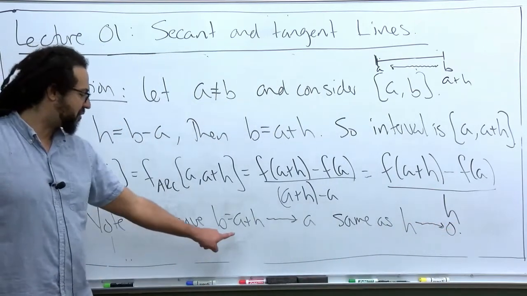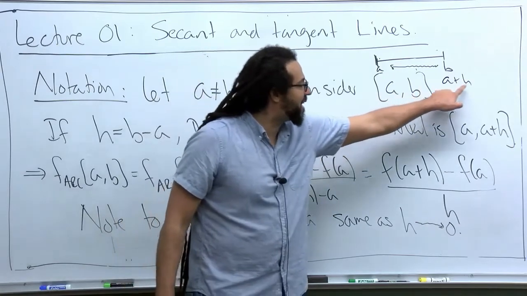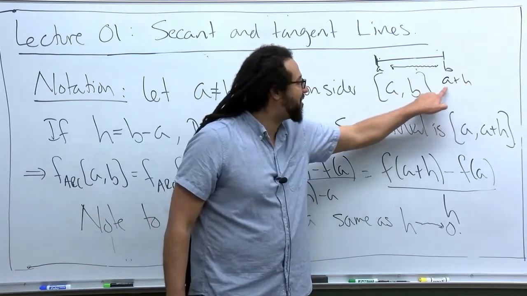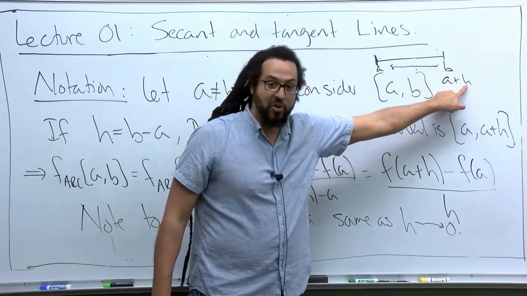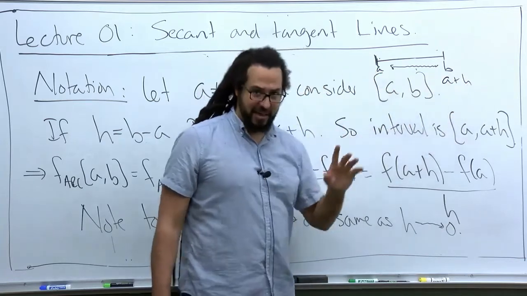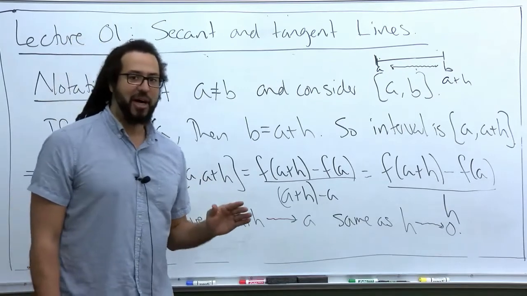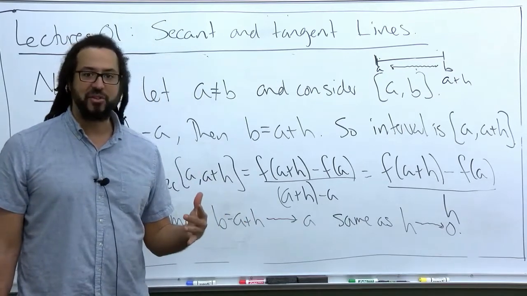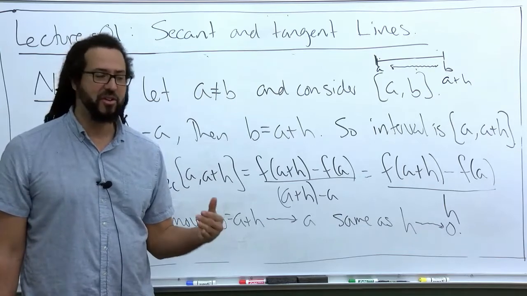Again, to move b closer to a is the same thing as moving a plus h closer to a, which is the same thing as moving h close to 0. When h is 0, a plus h is just a. So now we want to use this fact to compute an instantaneous rate of change, with a little less numerical computation.